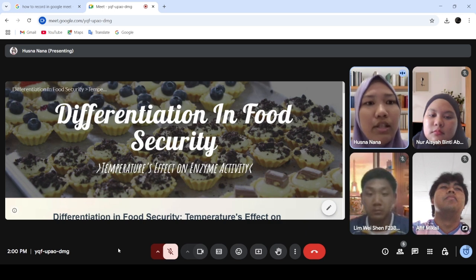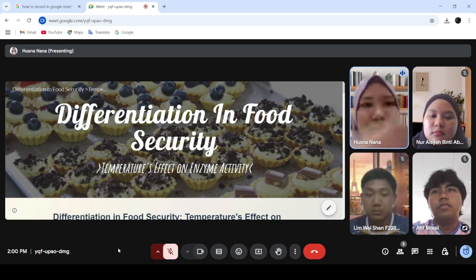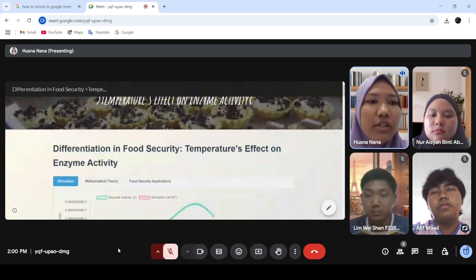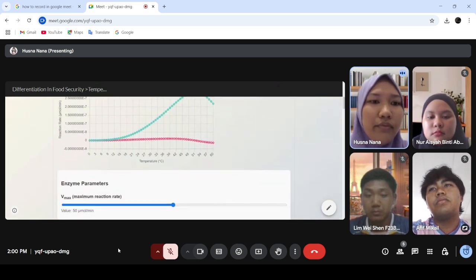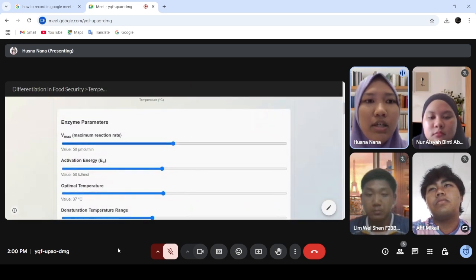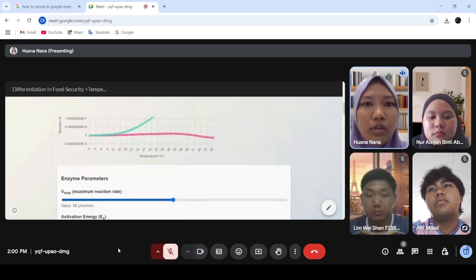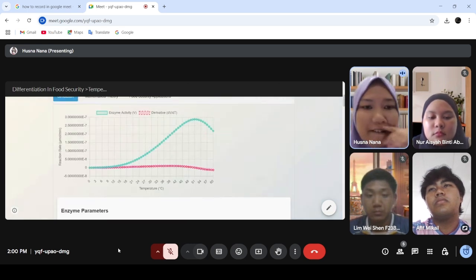Today, we will explore the fascinating intersection of food security and biochemistry, focusing on how temperature influences enzyme activity, a crucial factor in food preservation and safety. So here is the animation of my simulation. We have a graph of the enzyme parameter here, which you can control over here.